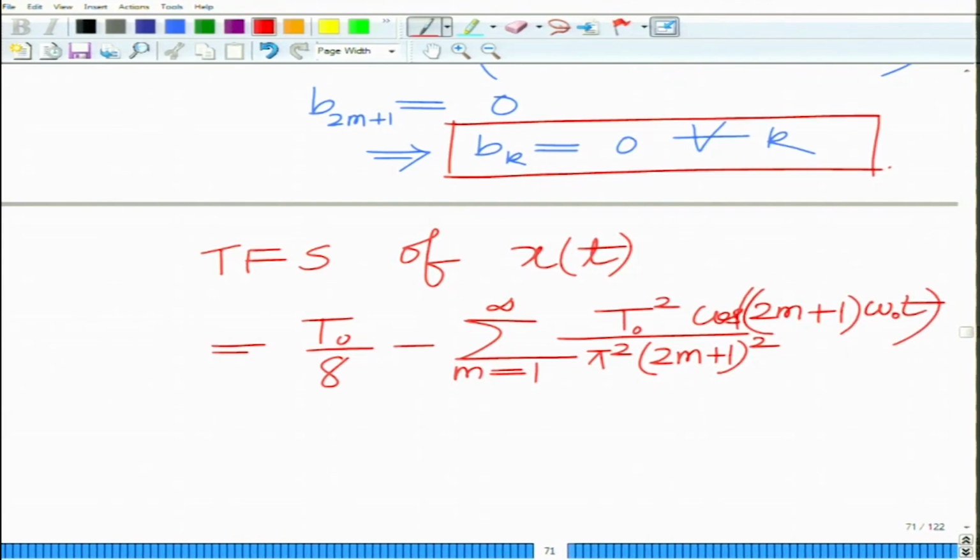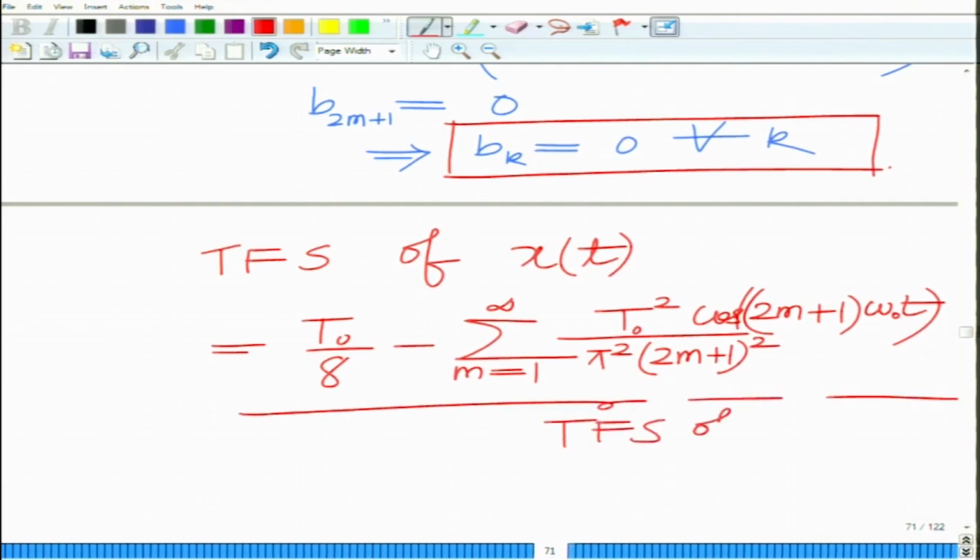That is your TFS. This is the TFS of the periodic triangular wave.